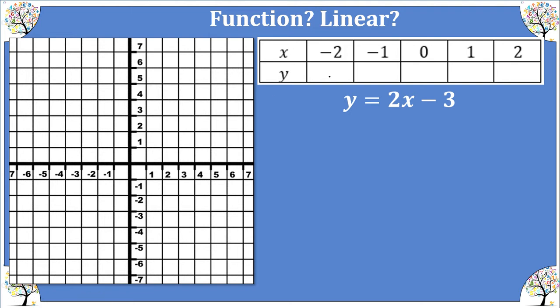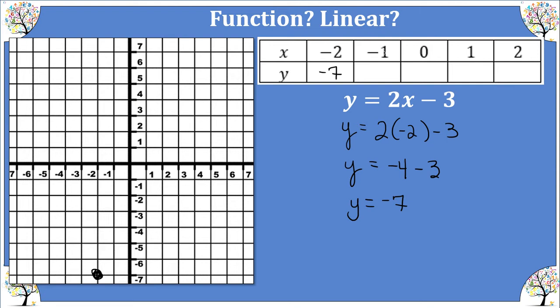So let's do this. We are going to use these input values. We're going to input these values in for x and use order of operations. So 2 times -2 is -4 minus 3. So our output value is -7 when x is -2. So this is an ordered pair, -2, -7. So I'm going to plot that.